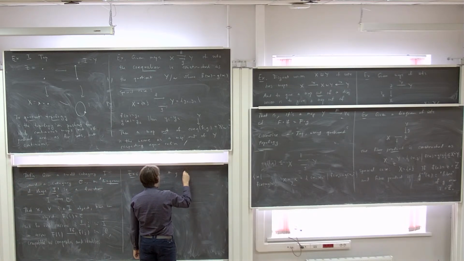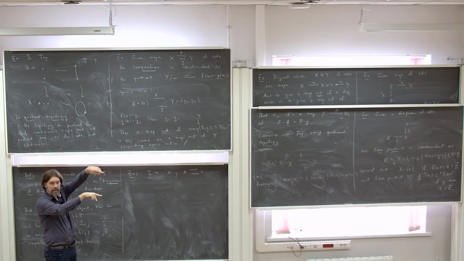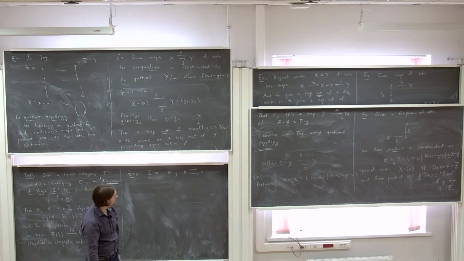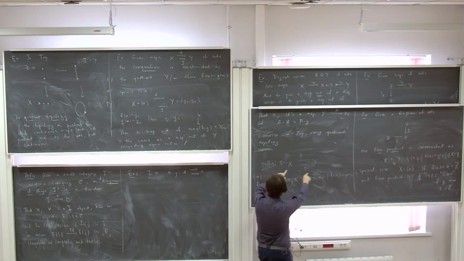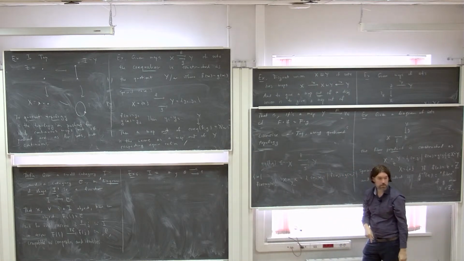It could be a category with two objects, let's call them 0 and 1 just to have names for them, and two non-identity morphisms between them. So when we were talking about equalizers and co-equalizers, we were actually given functors out of that category. We give two objects, x and y, the images of 0 and 1, and two morphisms.